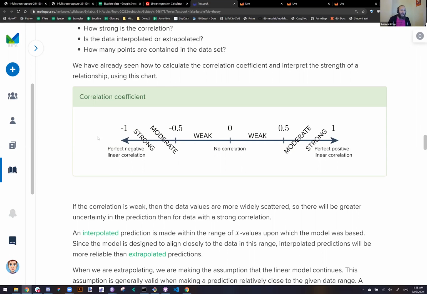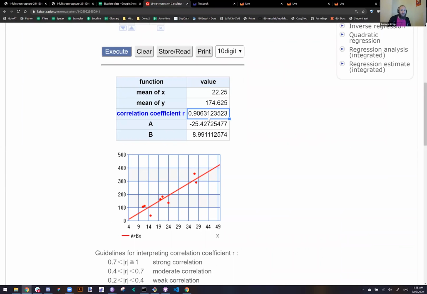That's when we start having weak and then moderate and strong as we go down, down, down to -1. So in this particular case, we can say that the correlation is strong, and that's what we should expect. This person is selling ice creams, and people buy ice creams when it's hot. That seems like a fairly reasonable thing to say.